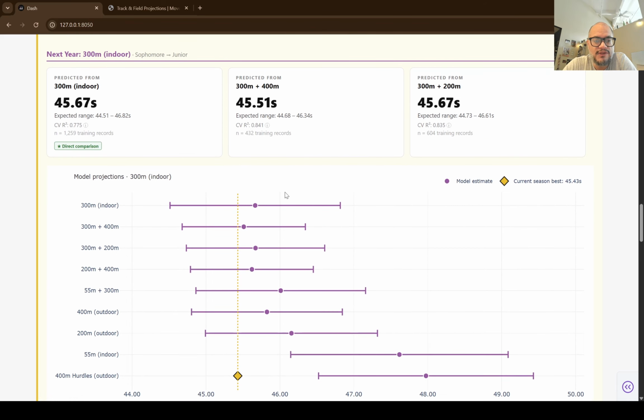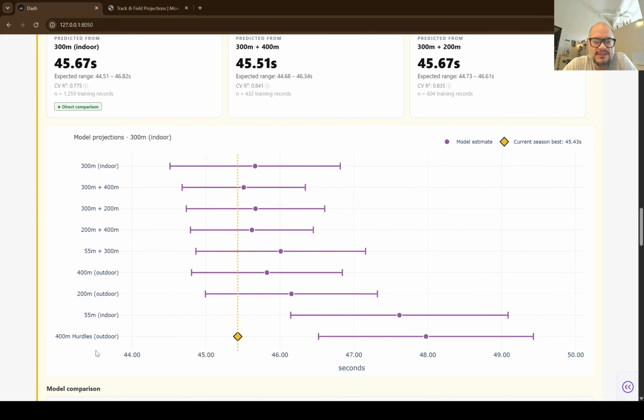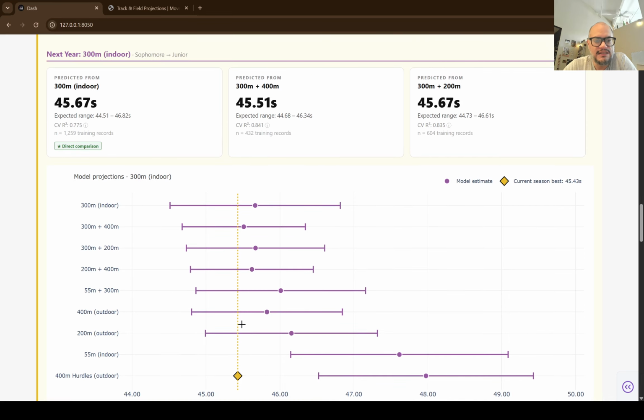We have the 300 meters indoor. What's nice is that we're able to project out with a number of different outdoor and indoor season records. What it shows is potential regression in their performance. One of the things that historical data has shown, and that shows up here, is that sophomore females going into their junior year may see a decline in performance or stay stagnant in some way.